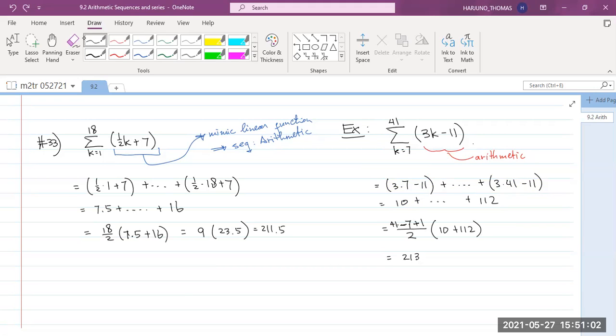Okay, and then the next part is, let's see, number 39. Number 39. We have 4 plus 11 plus 18 all the way to 466.